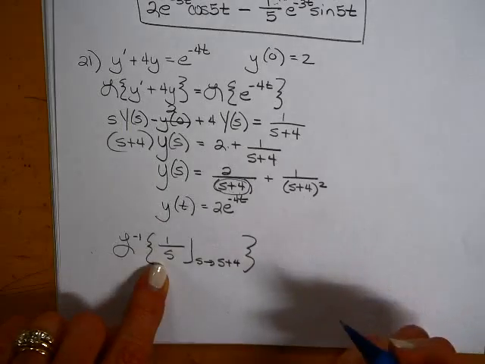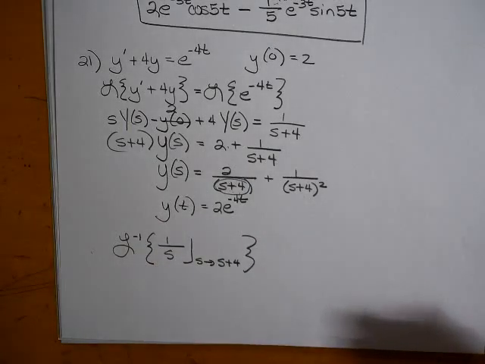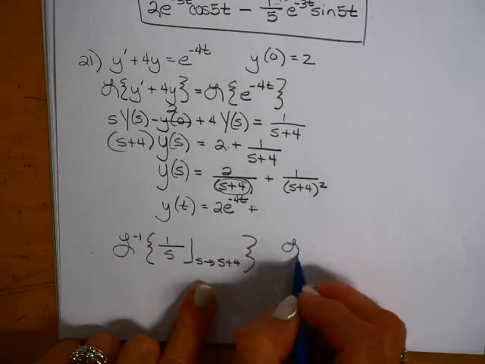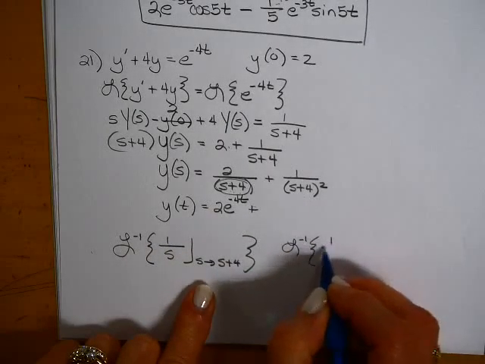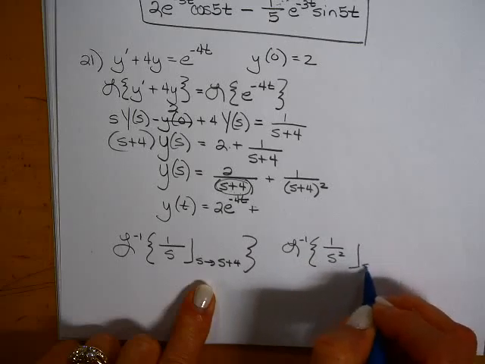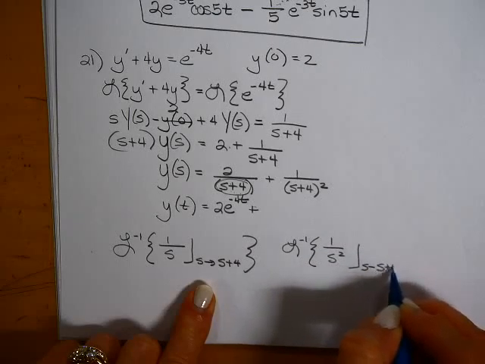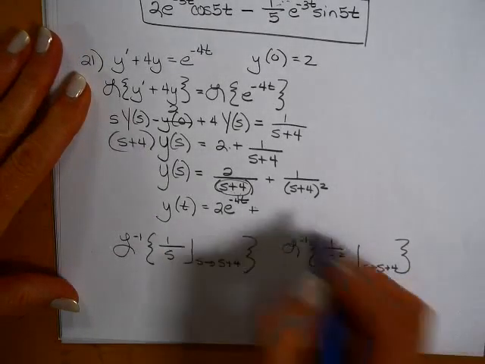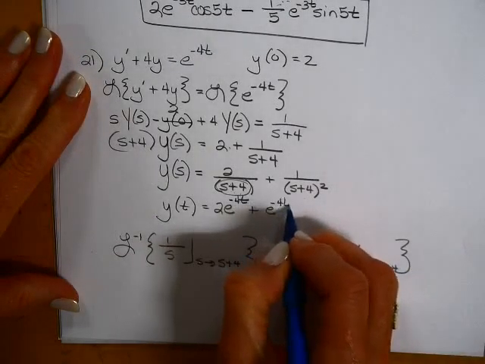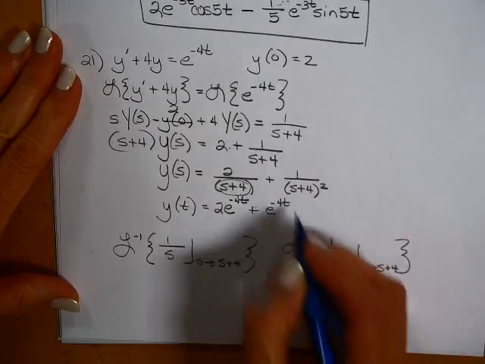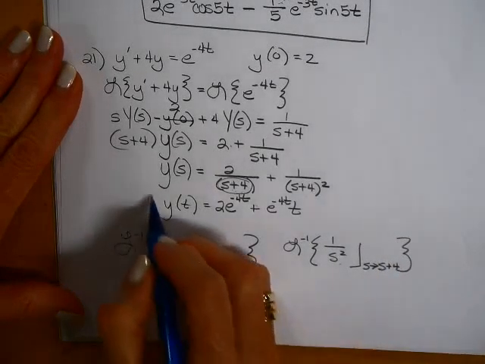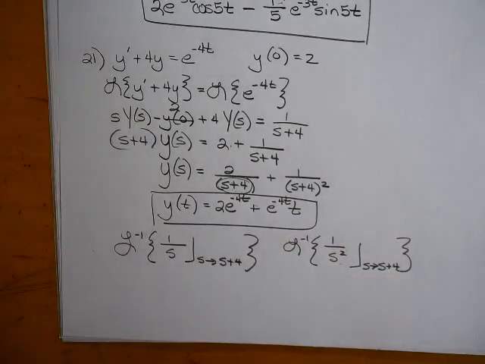The inverse Laplace transform of 1 over s is just 1. Plus this one. The inverse Laplace transform of 1 over s squared where you shift s to s plus 4. So that's e to the negative 4t. 1 over s squared, I believe, is just t. And that is your answer.